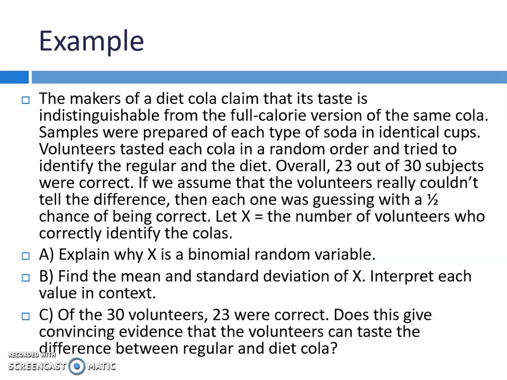If we assume that the volunteers couldn't really tell the difference, then each one was guessing with a 1/2 chance of being correct. Let's let X represent the number of volunteers who correctly identify the colas. First, we're going to explain why this is a binomial random variable. Then we're going to calculate the mean and the standard deviation, interpreting each one in context. And then we're going to see if this basically gives us any evidence that they can taste the difference.